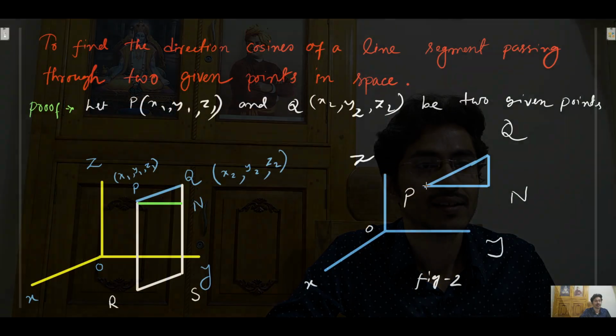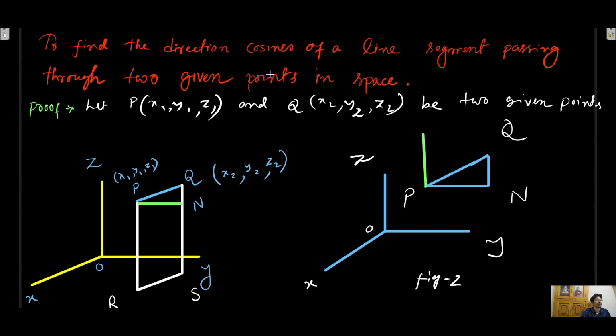So from the previous lectures we have learned that if alpha, beta, gamma are the direction angles of the line segment PQ vector, see the diagram, then we can say that this line PQ vector makes angle gamma with the z axis. So here in figure 2, now we will complete figure 2. Here we have drawn a line parallel to the z axis from the point P. Now OZ and say this line is Z dashed.